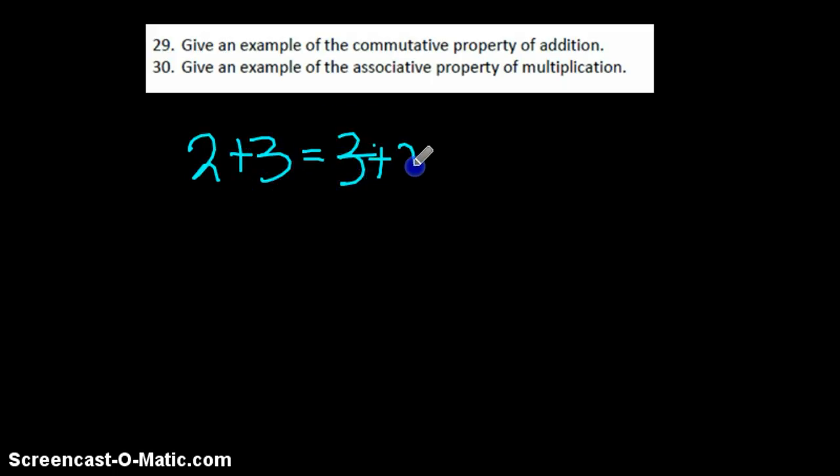All right, give an example of the commutative property of addition. Here's one. Give an example of the associative property of multiplication.